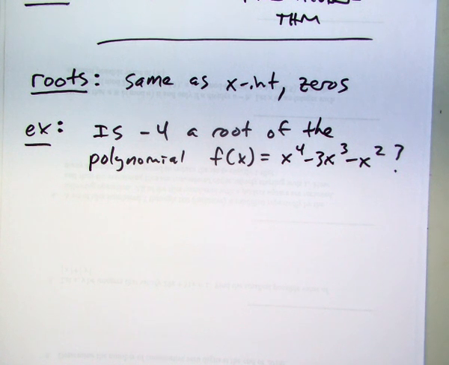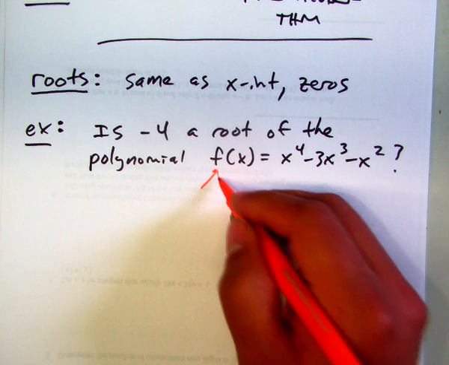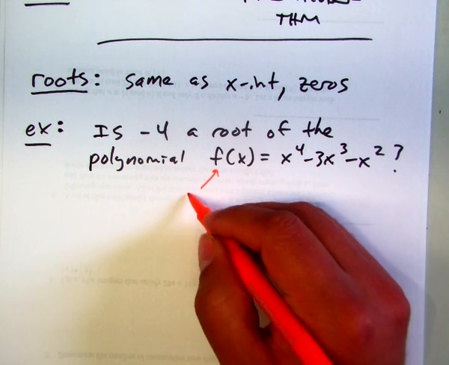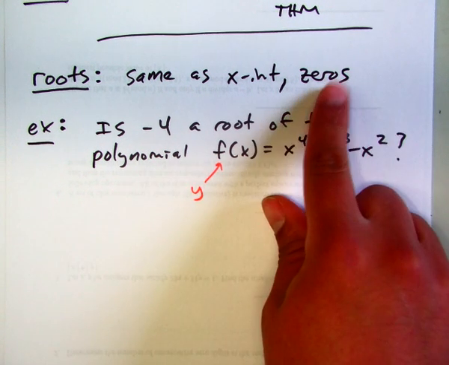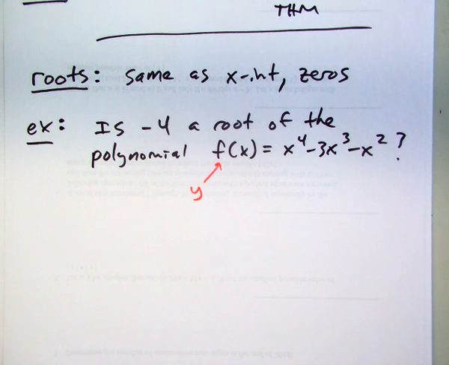It's an x-intercept, so what does that mean if I plug it in? What's f of x the same thing as? What does y equal at the x-intercepts? 0. Right? So if you plug it in, you should get 0.